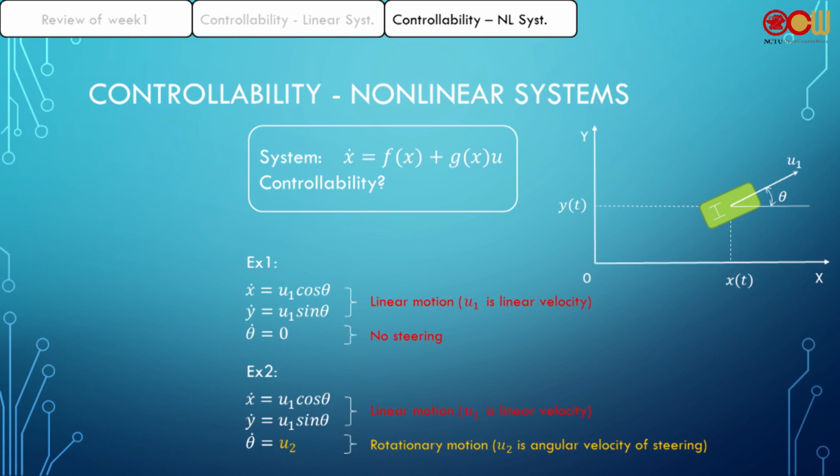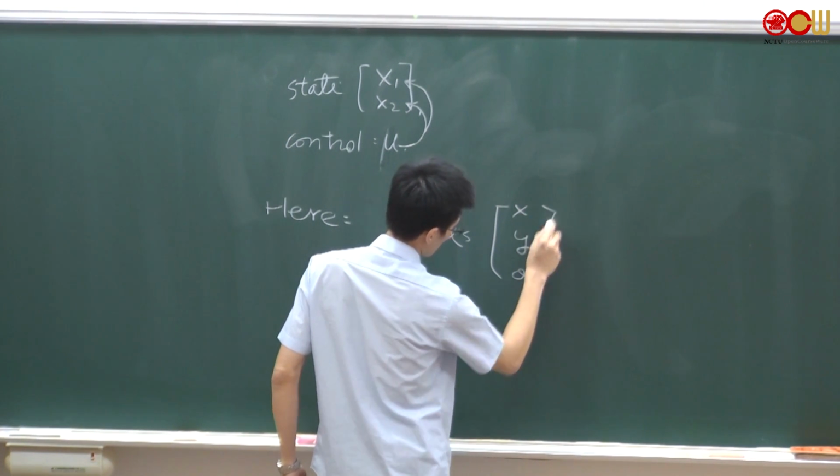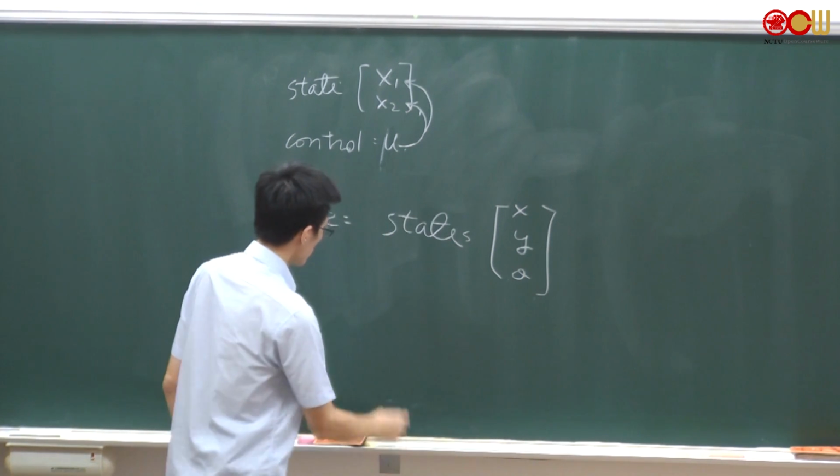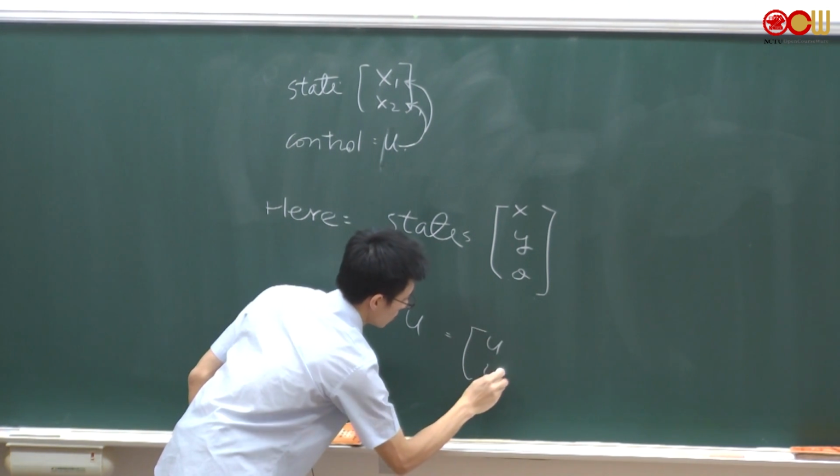Similarly, here, what are the states? The states are x, y, and theta. What is the control? The control is u1, u2.